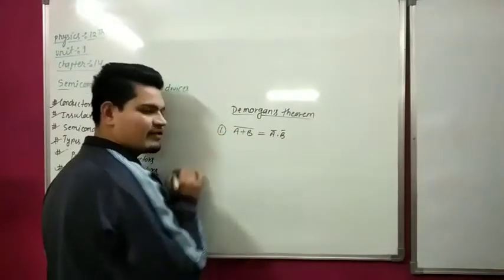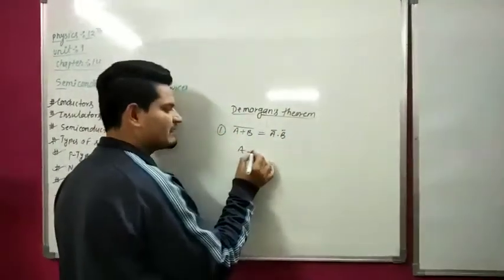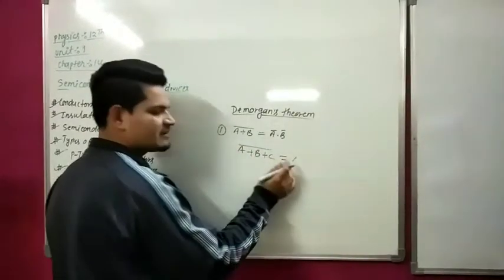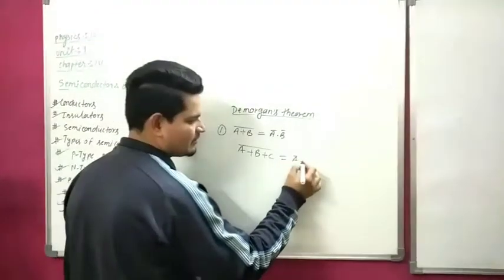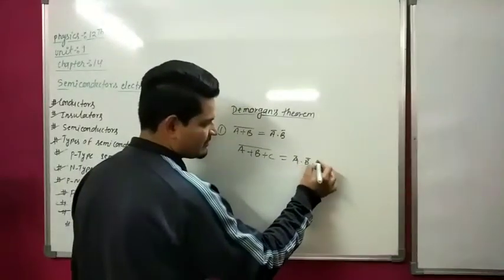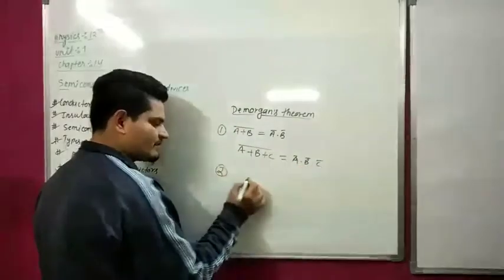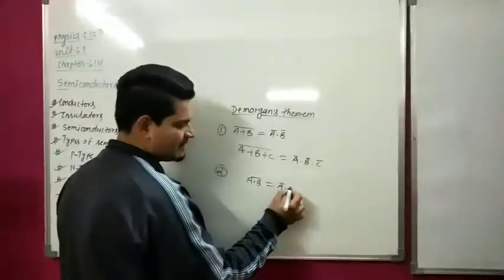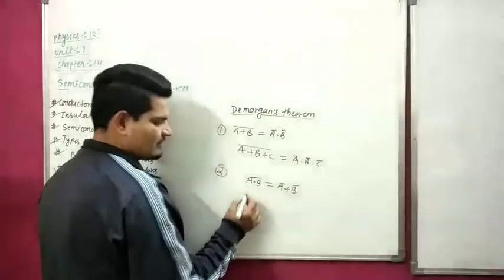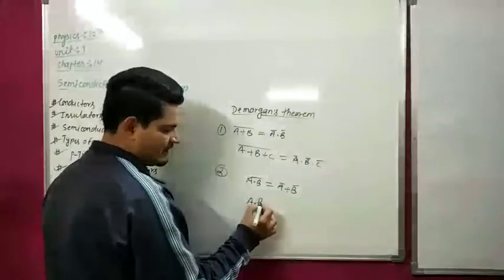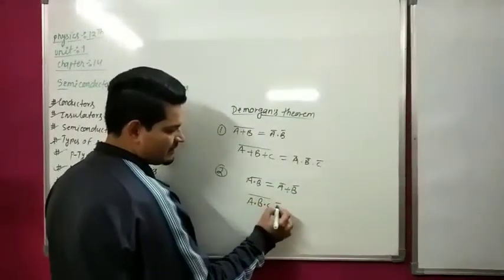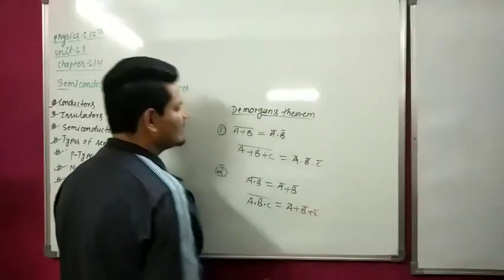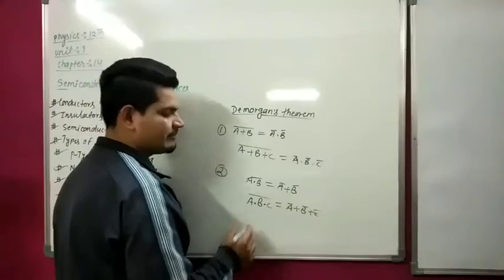This is De Morgan's first theorem. This is also applicable for a 3-input device: (a plus b plus c) bar is equal to a bar dot b bar dot c bar. And the second theorem is (a dot b) bar equals a bar plus b bar. It is also given that (a into b into c) bar is equal to a bar plus b bar plus c bar. This is our De Morgan's theorem.